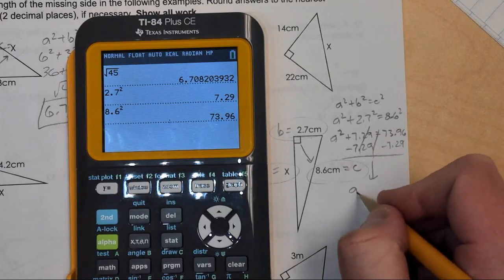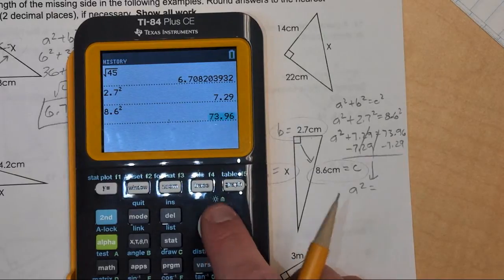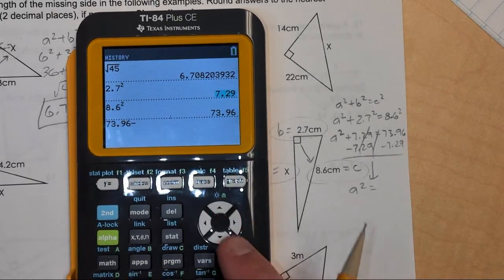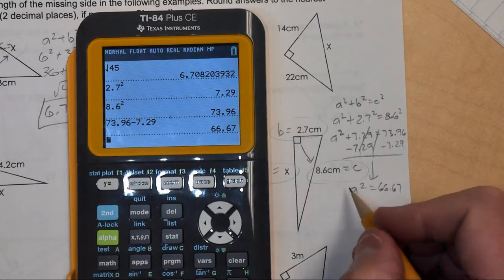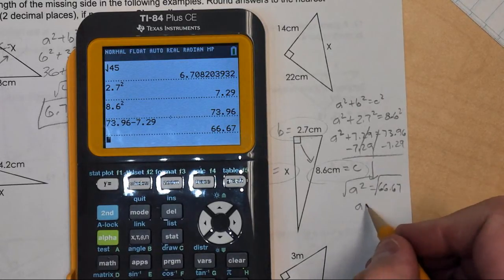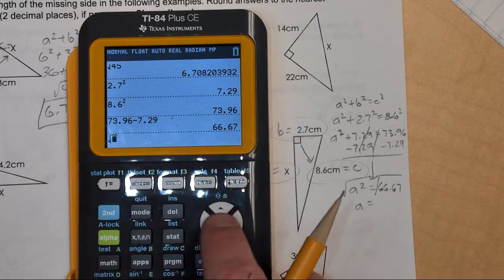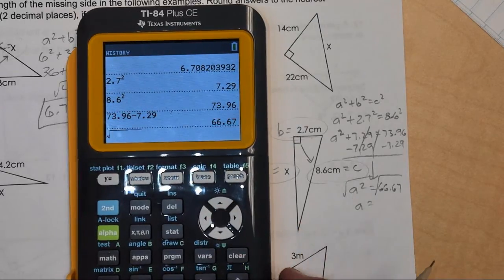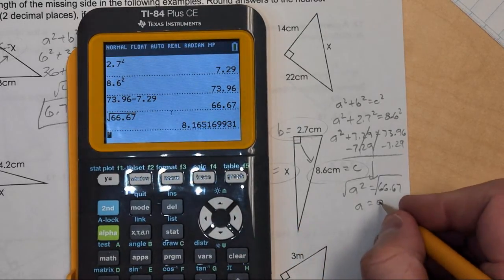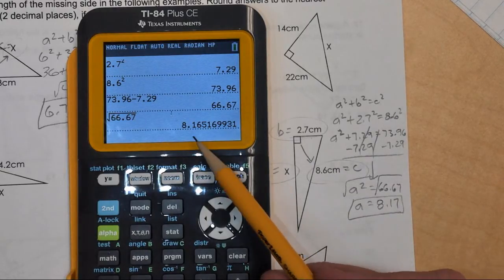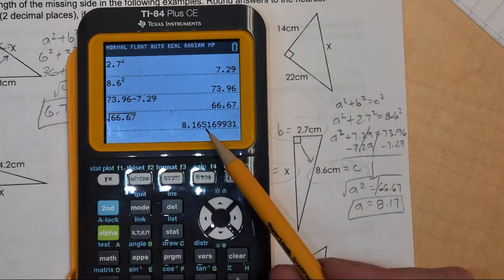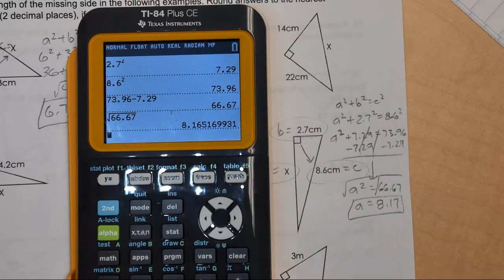So my A squared is going to equal this guy minus this guy, and that's 66.67. If I want to find A, I square root both of these, and I get roughly 8.165. I'm rounding this to 2 decimal places, and this 5 rounds this up to 7, so 8.17 is my answer on number 6.